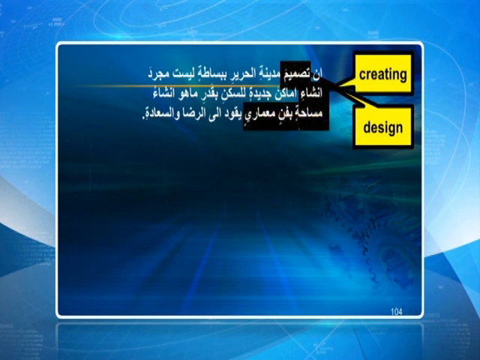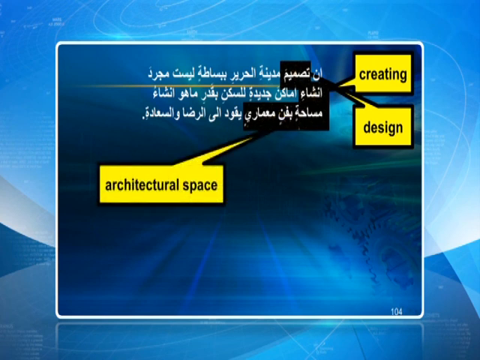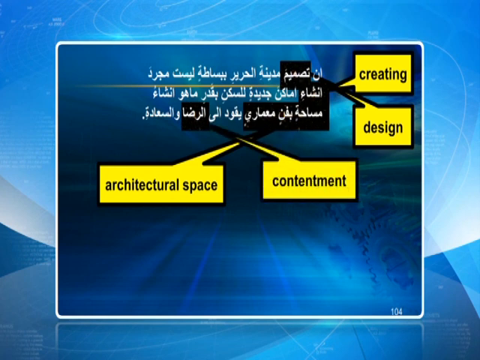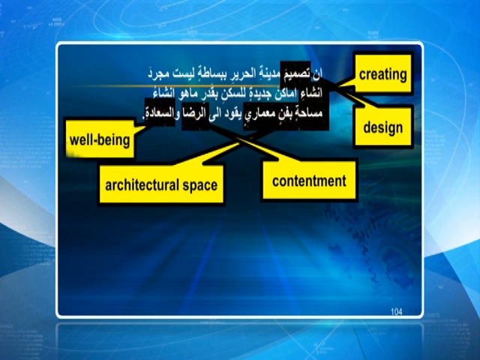Then we have مساحة بفن معماري, which can be translated into architectural space. And the last one, or maybe before the last, الرضا, can be translated into contentment. And the last word is السعادة. It can be welfare or, for example, well-being. I'm sticking to the exact words that occurred in the textbook.